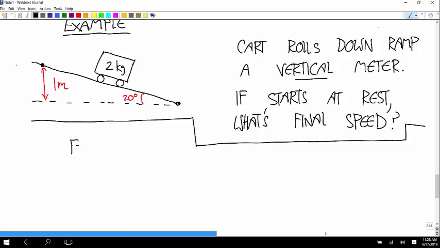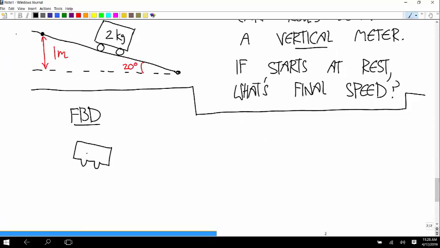So let's think first about what forces are applied. So just a general free body diagram. I'm just doing this to make sure we don't miss any forces. There's a weight force of 9.81 times 2, so 19.62. And there's a normal force.